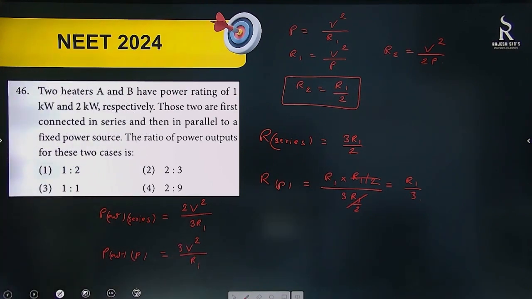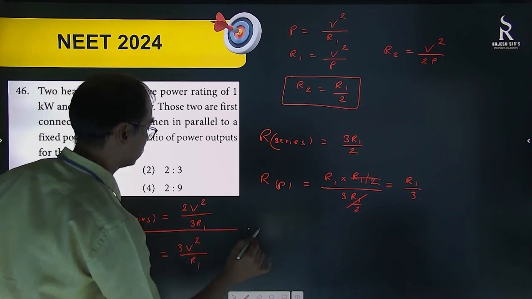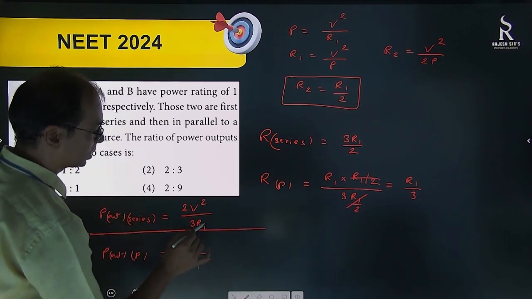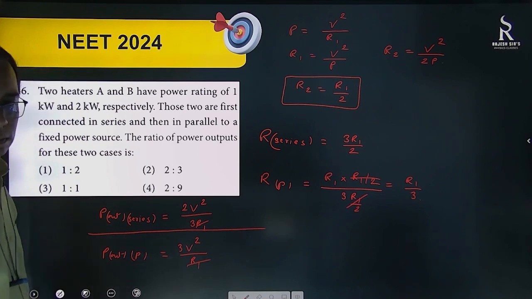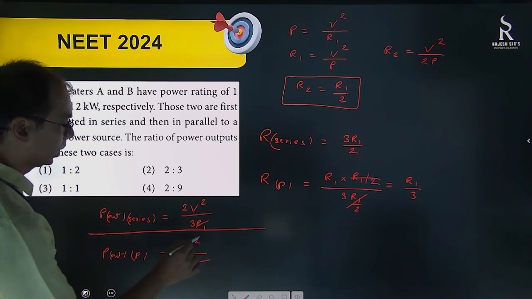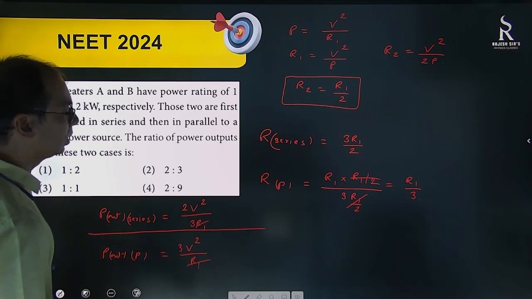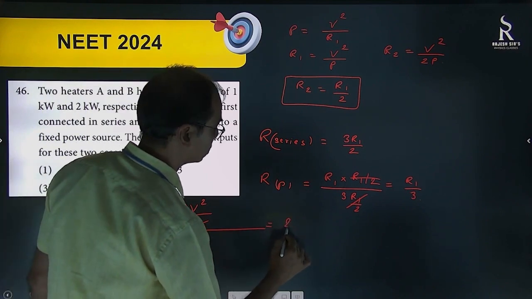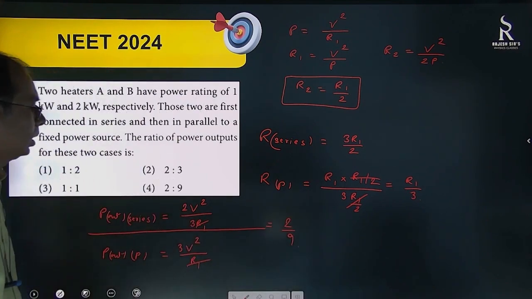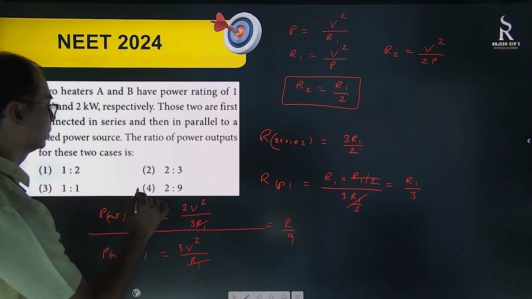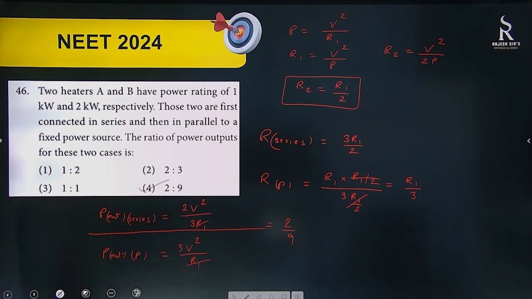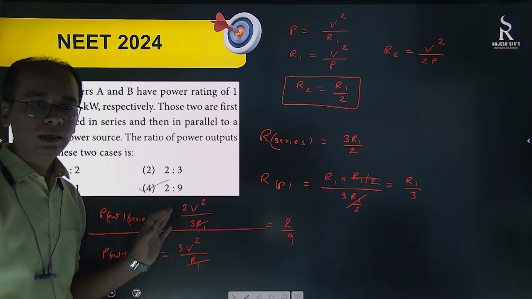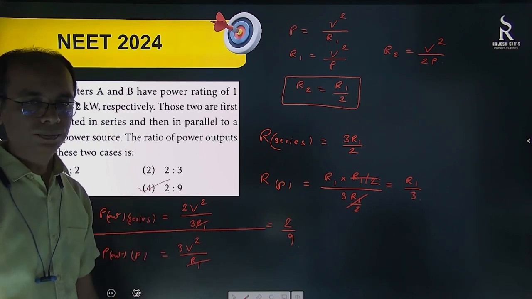They want the ratio. R1 gets cancelled, then V square gets cancelled. It's coming 2 by 9. So the answer is 2 by 9. That is it. Slightly lengthy, or we can say tough also.